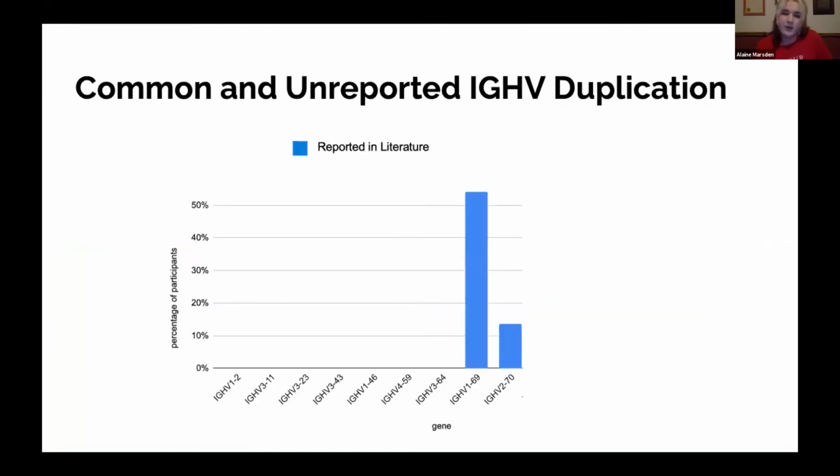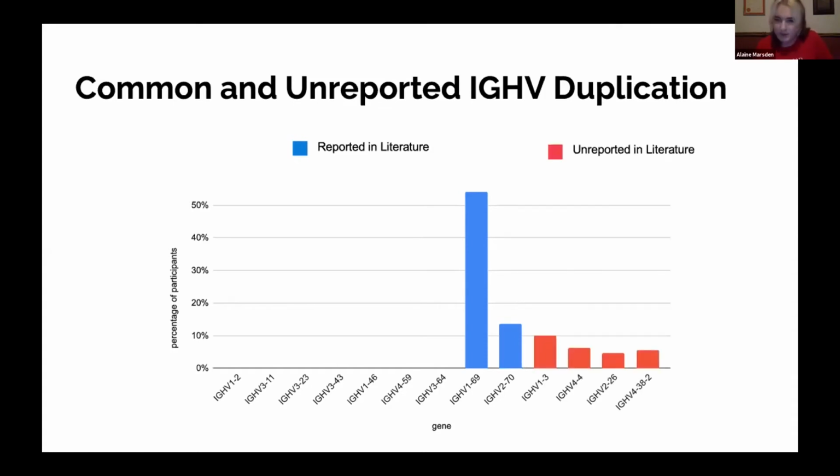And the first thing we did was to take our NGS data and count the number of unique alleles found for each gene in a particular person. And we just wanted to, first off, look at commonly duplicated genes. And we saw that there was duplication that was common for us in IGHV 1-69 and IGHV 2-70, especially the former, which was duplicated in more than 50% of our participants.